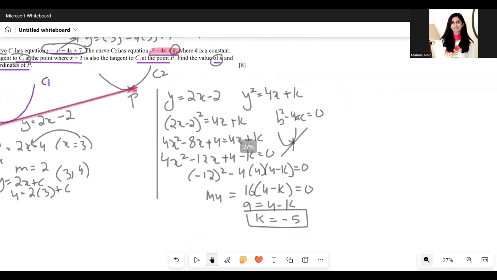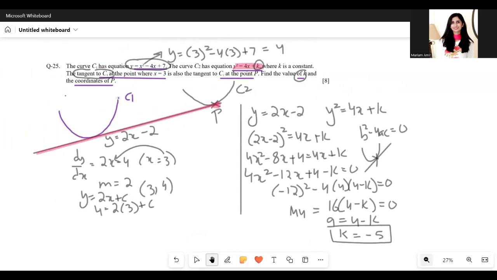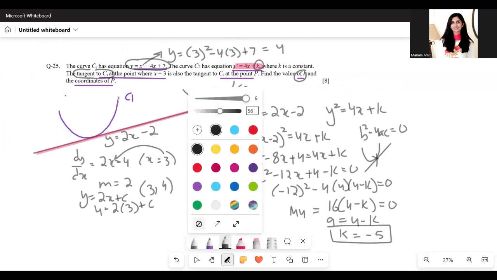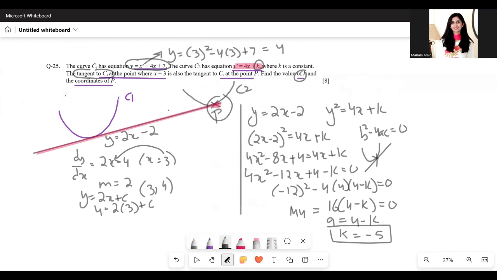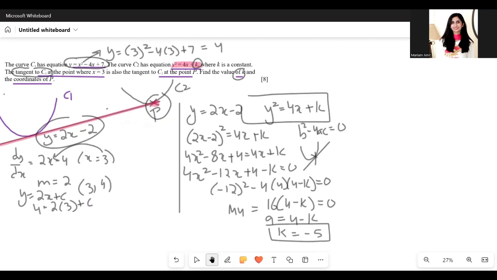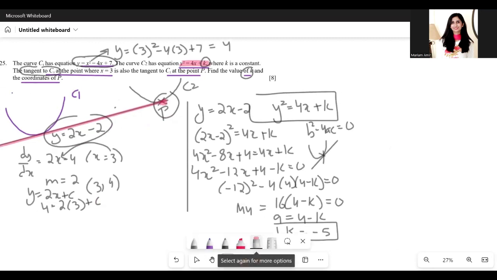Now we need the coordinates of P. And what's P? P is where the tangent y equals 2x minus 2 and the curve C2 intersect. Now we also have the value of k, so let me write minus 5 over here.